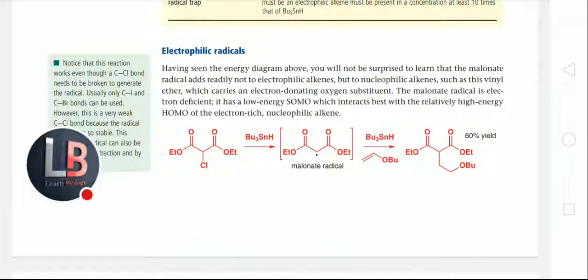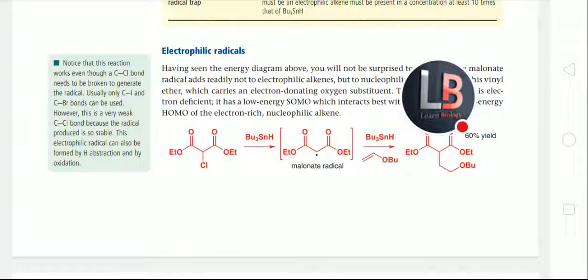It has a low energy SOMO which interacts best with the relatively high energy HOMO of the electron rich nucleophilic alkene. Notice that the reaction works even though a C-Cl bond needs to be broken to generate the radical. Usually only C-I and C-Br bonds can be used. However, this is a very weak C-Cl bond because the radical produced is so stable. This electrophilic radical can also be formed by H abstraction and by oxidation.